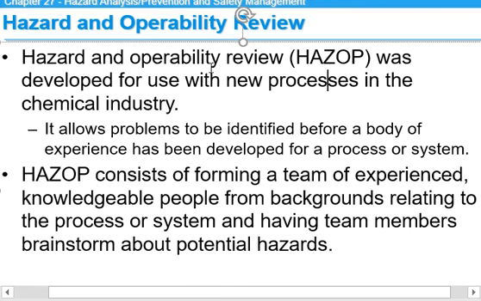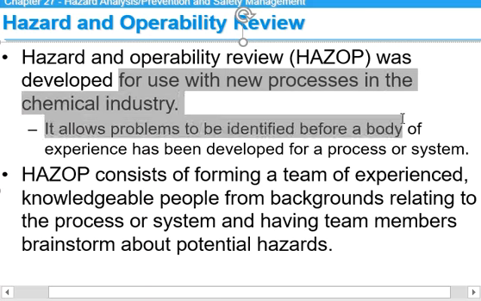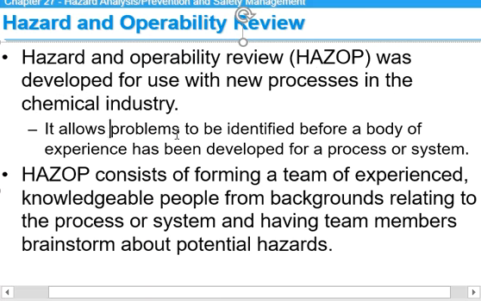Hazard and operability. So I'm dealing with the operation here. I'm not dealing with the human. I'm more focused on the operation. Okay, developed for use with the new process in the chemical industry. It allows a problem to be identified before a body of experience has been developed for a process or a system, because a system has a process in order to operate it.